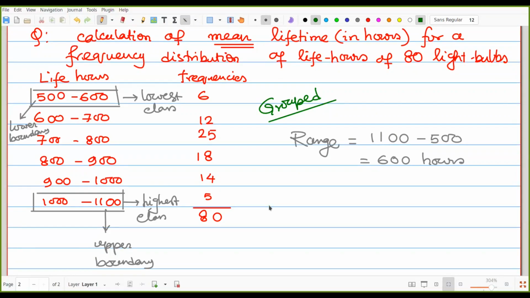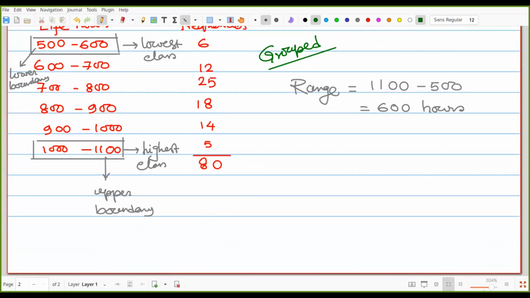Then what are the practical merits or demerits of the range? Merits and demerits mean the advantages and disadvantages of the range. For multiple-choice type questions, there are some important factors.